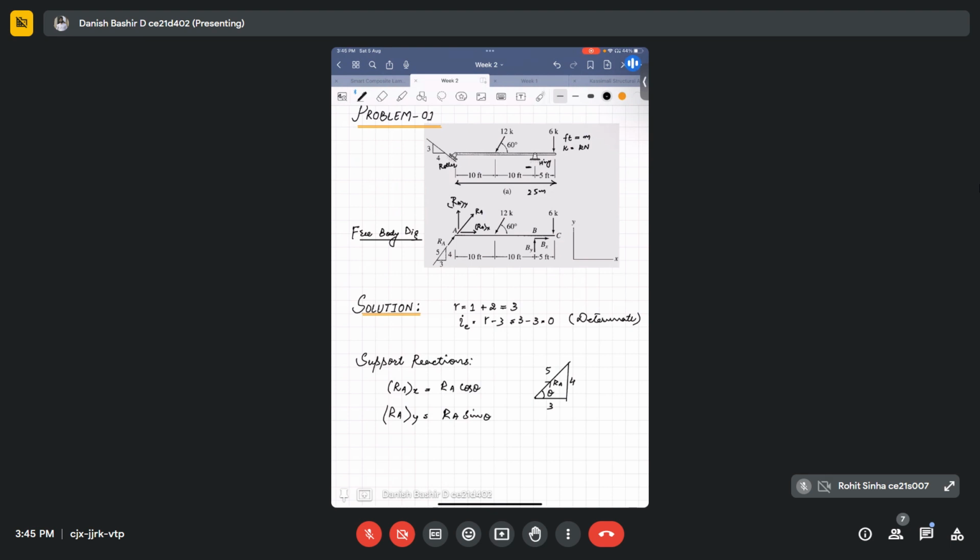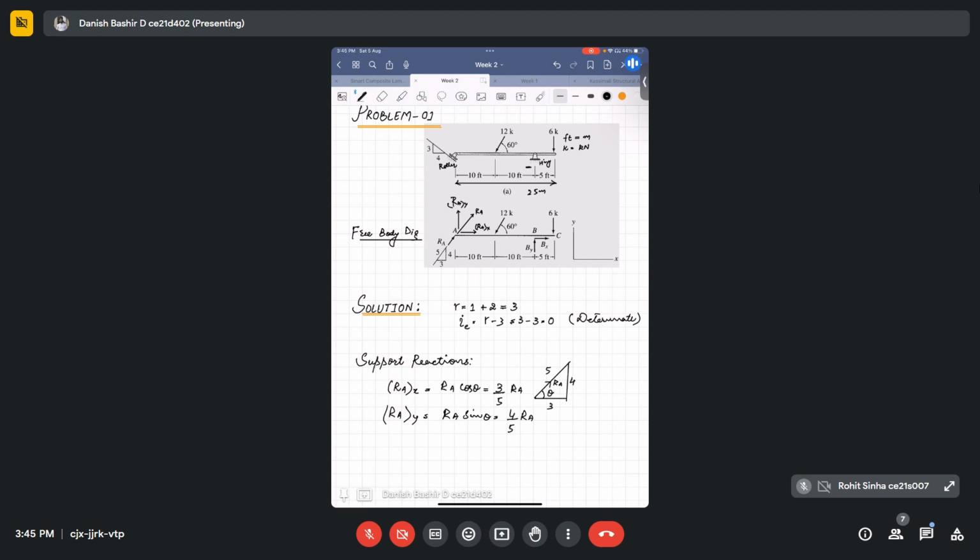From cos theta and sin theta, you can easily get from this triangle: cos theta is 3 by 5 RA, and this is 4 by 5 RA. So this is the basic calculation we did.